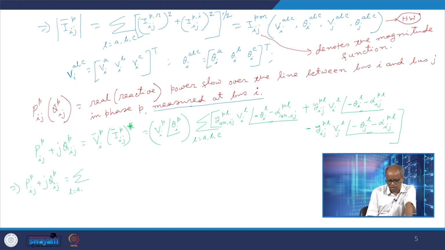L A B C. So it is V_il whole square, Y shunt_ijpl, this theta_ip and theta_il, so it would be theta_ip minus theta_il minus alpha shunt_ijpl, right?